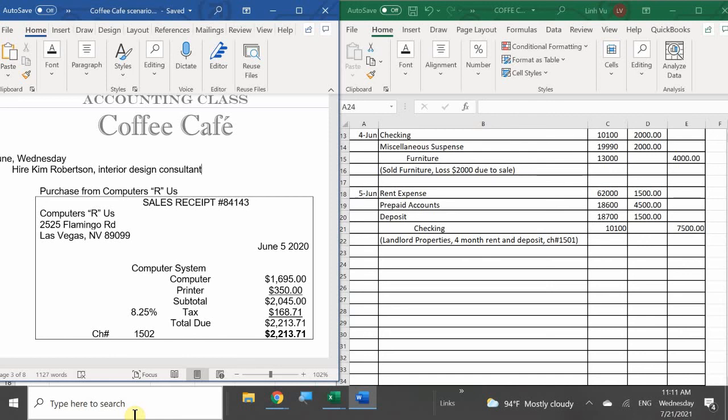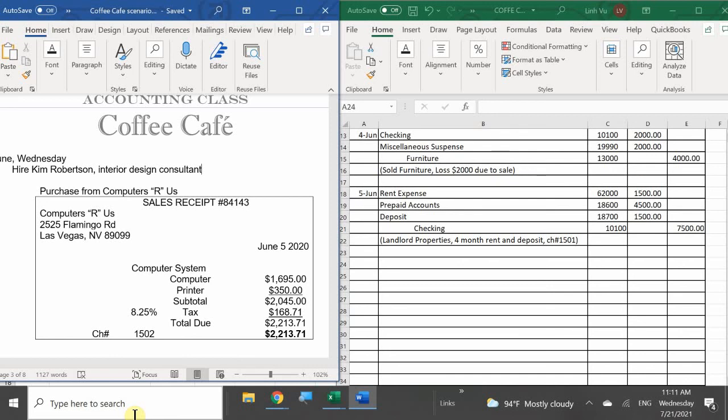Okay, so here let's take a look at what those amounts are. We have the computer costing $16.95, and a printer costing $350, giving a grand total of $24.45.